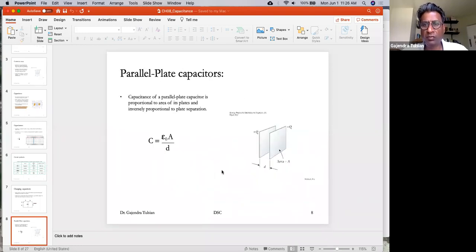But if your two conductors have nice geometry, for instance, two parallel plates opposite to each other, then the capacitance of this device can be given in terms of the geometry. For a parallel plate capacitor, it's equal to epsilon naught, the permittivity of free space, times the area of the plate, divided by the distance between the plates.